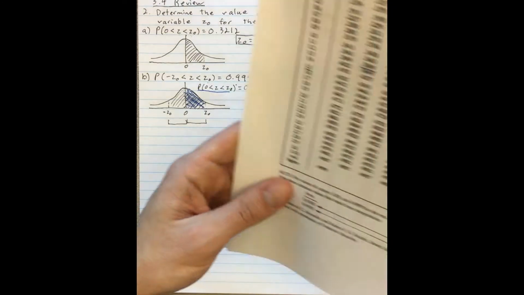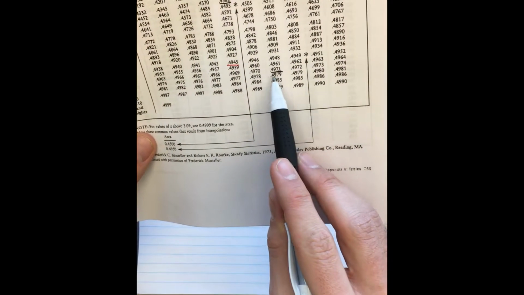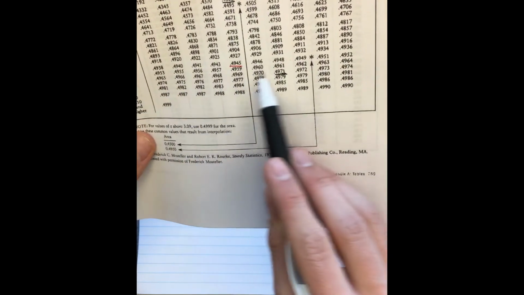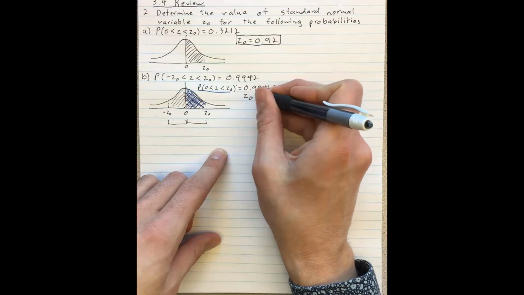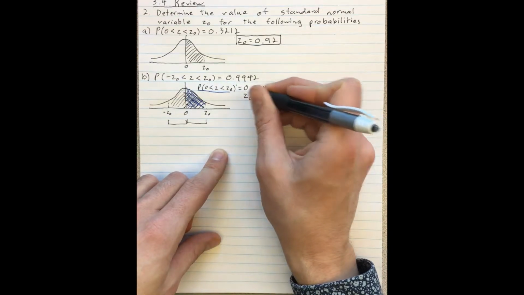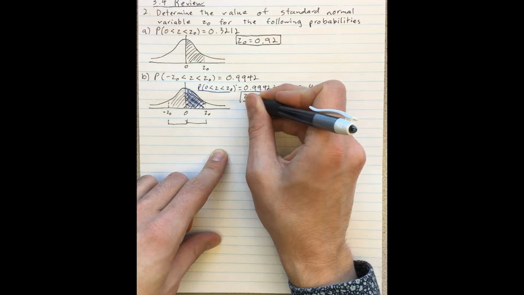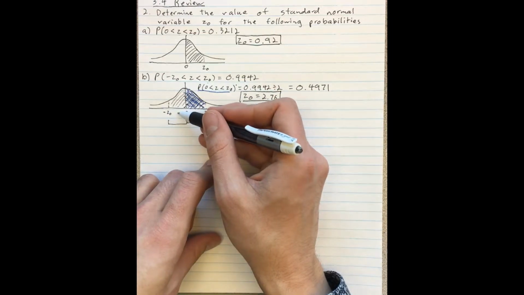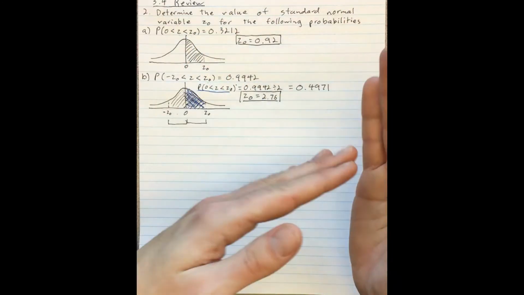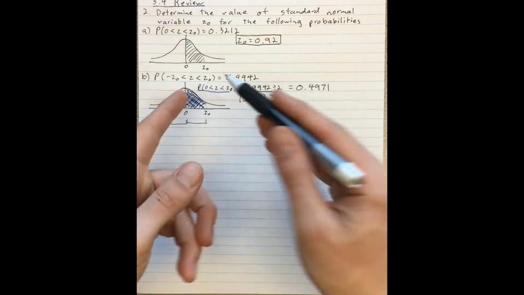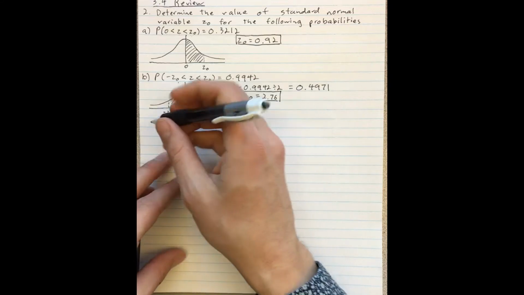Or is that right? Let me double check, sometimes my eyes can deceive me. 2.76. Okay, so z naught is equal to 2.76. And notice we didn't even really have to use the negative at all. It was enough to know that everything was symmetric, and then just focus on the positive, because now that we know the positive, the negative was the exact same number. So there's no problem there.